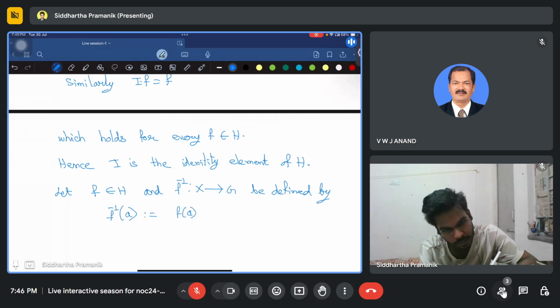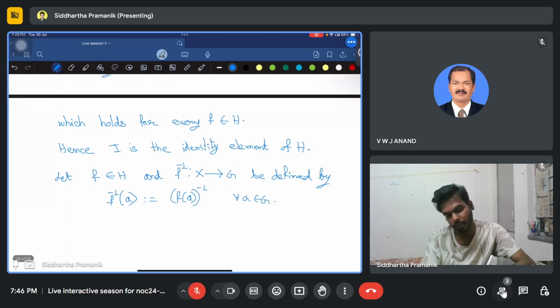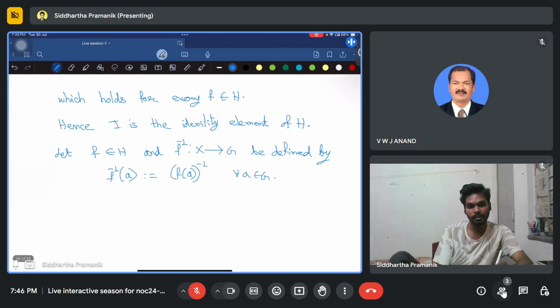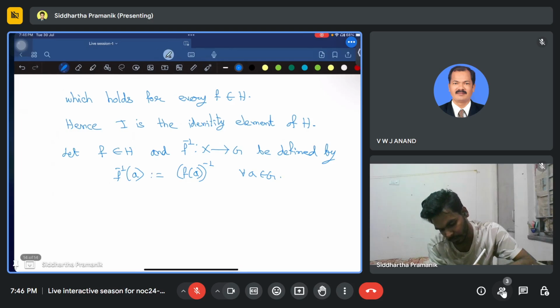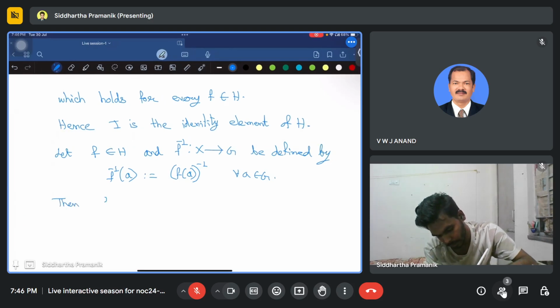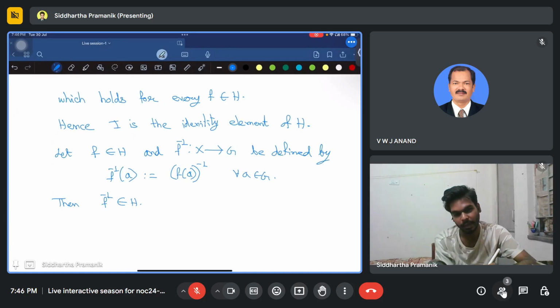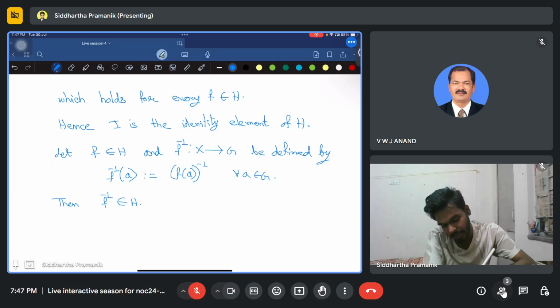This is an element of G, so we can take its inverse. So then clearly f inverse is an element of H. That means it is a function from X to G, and f times f inverse is the same as I, and it is the same as f inverse times f. So you can check this one on your own.